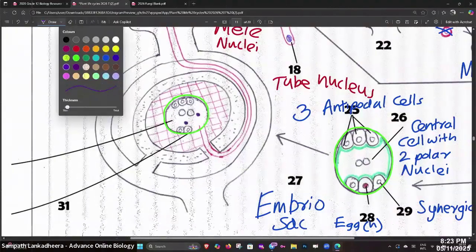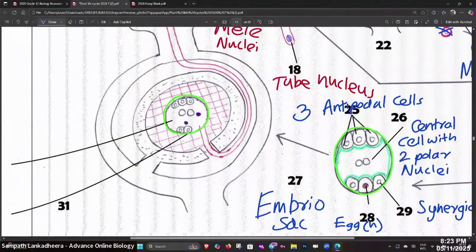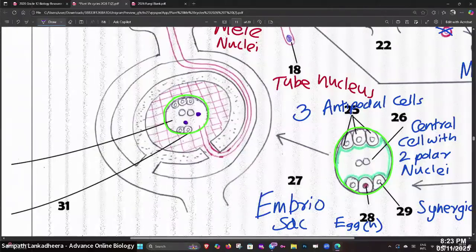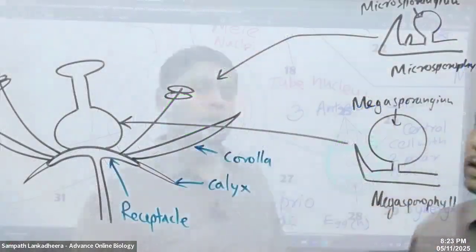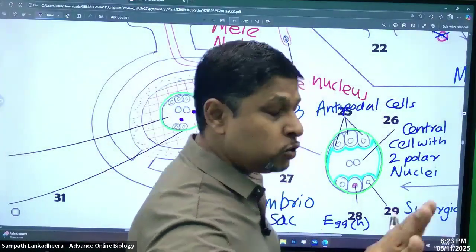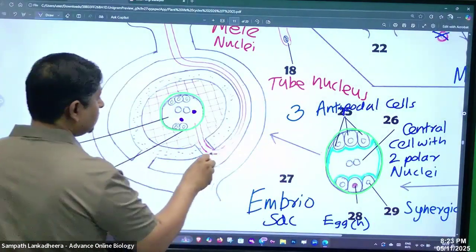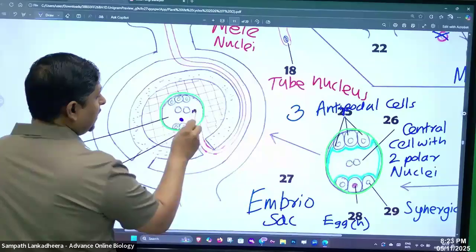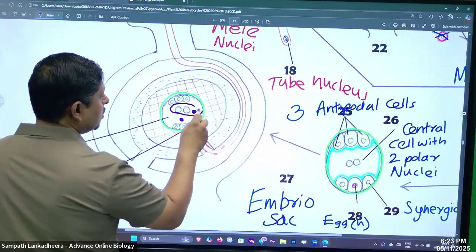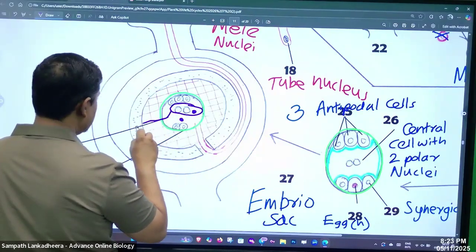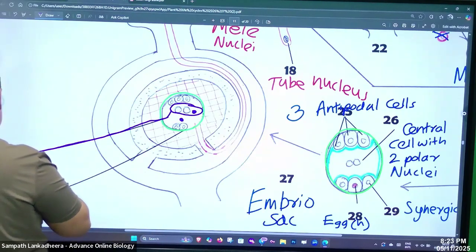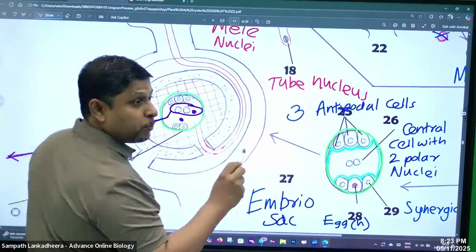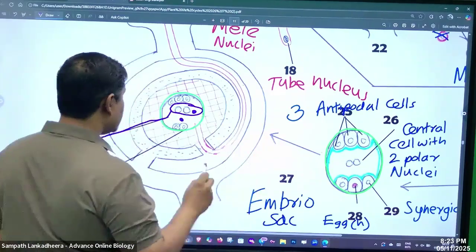What happens? Two male nuclei enter along the tube. One of the male nuclei goes with the two polar nuclei.